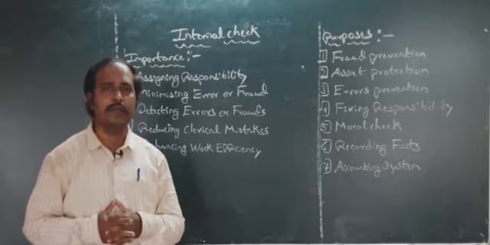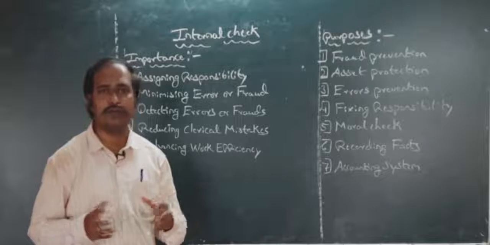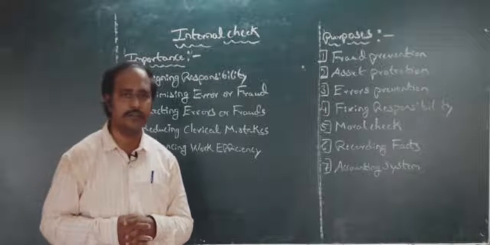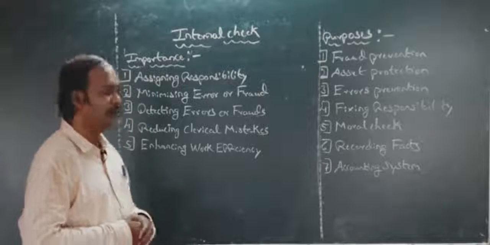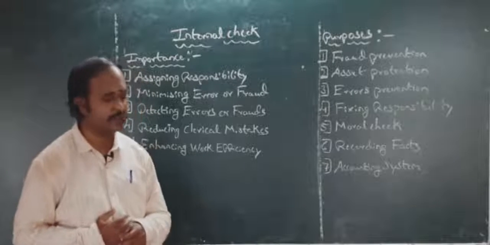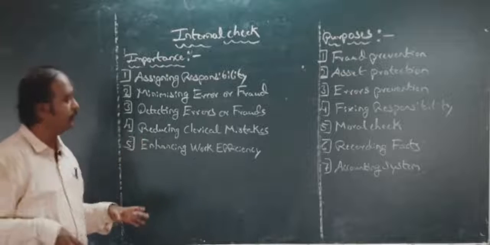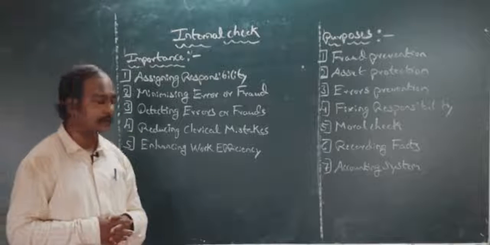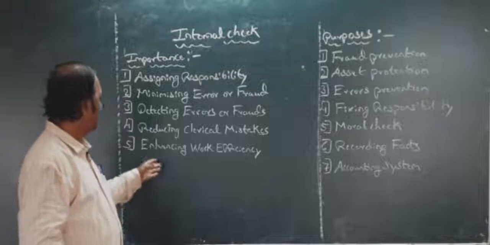Whatever the management has to do, they are going to take certain decisions concerning reducing the clerical mistakes. That is possible only with the help of this internal check system.